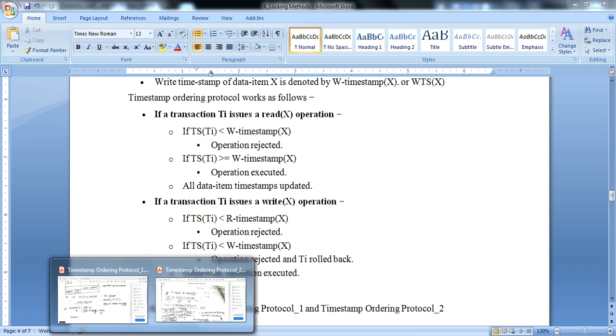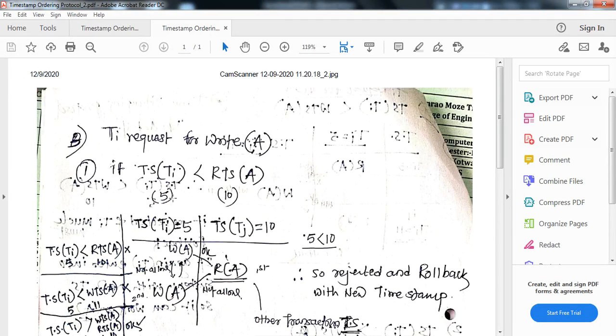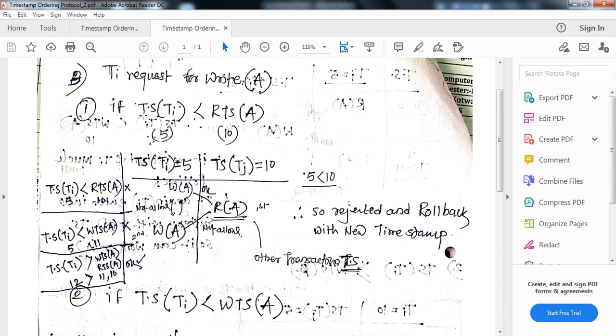Now the next example is for the write, when the transaction wants to write on a particular data item. If the transaction timestamp is less than the read timestamp of the data item, then it is rejected and the particular transaction is rolled back with a new timestamp.